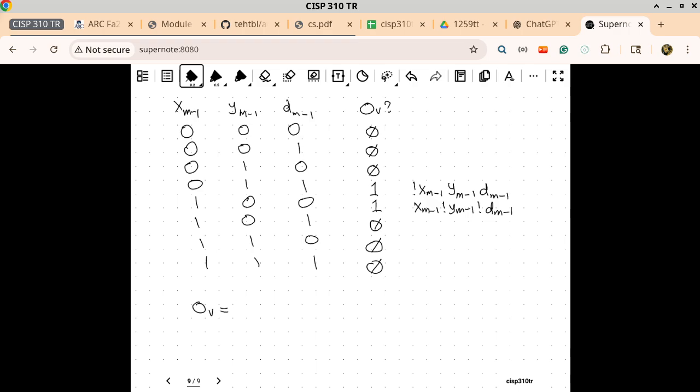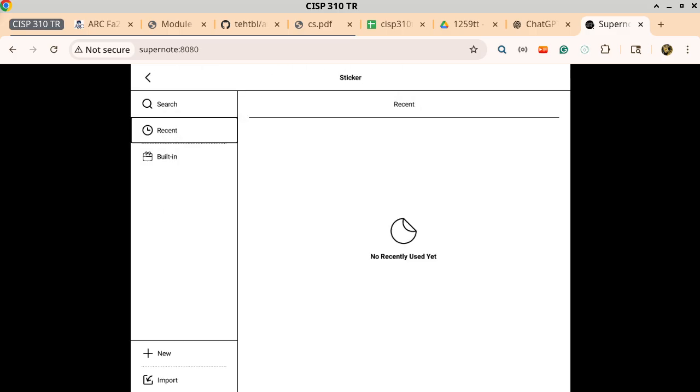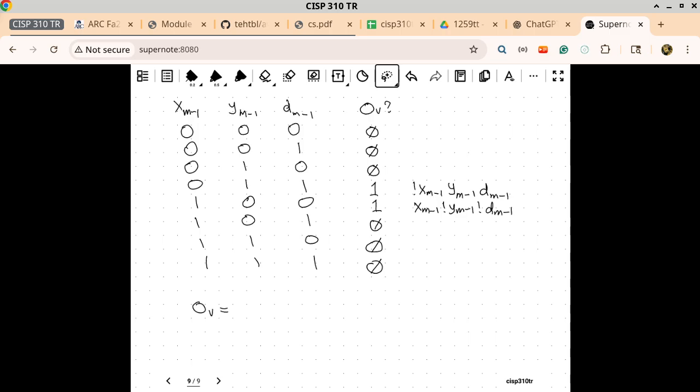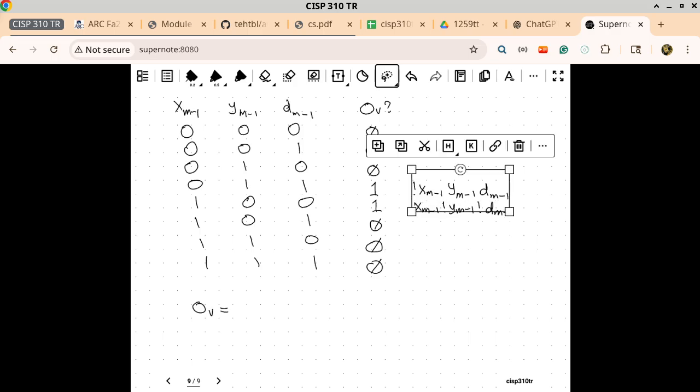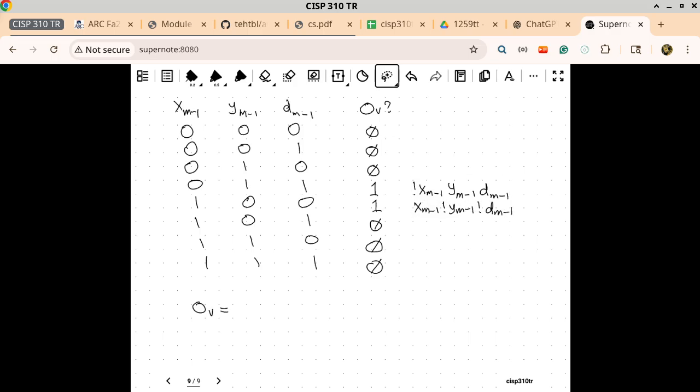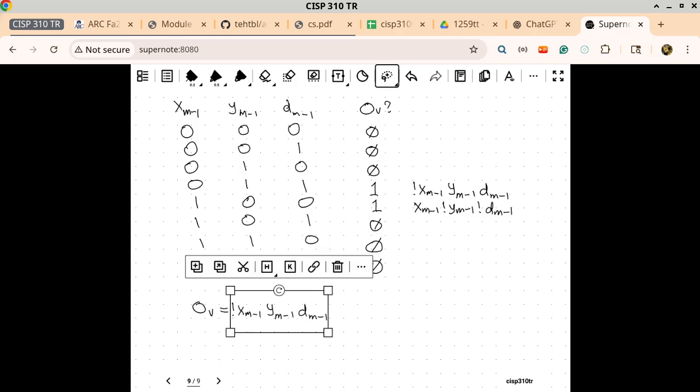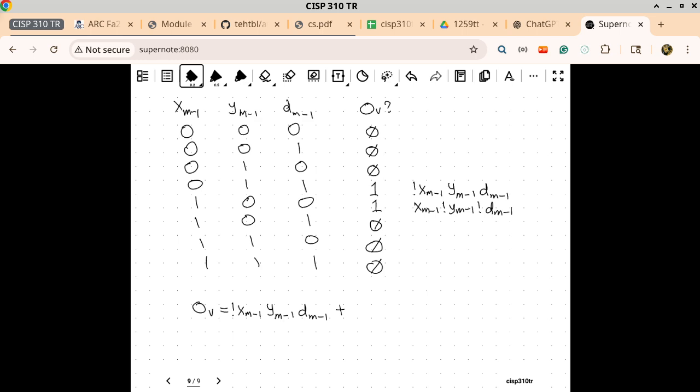So this whole thing, since I'm really kind of lazy, we need a lasso tool so I can copy and paste. Yes, copy, paste, slide it here, and then do a plus, and then use the lasso tool again.